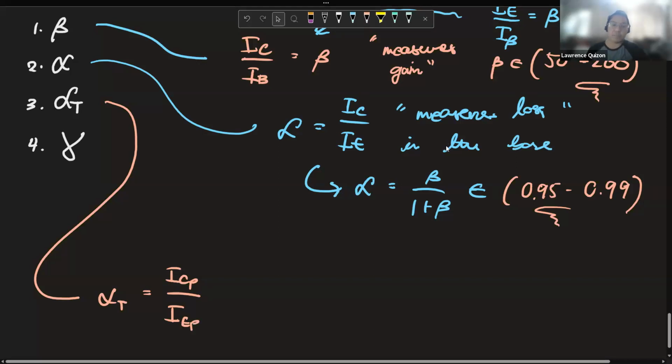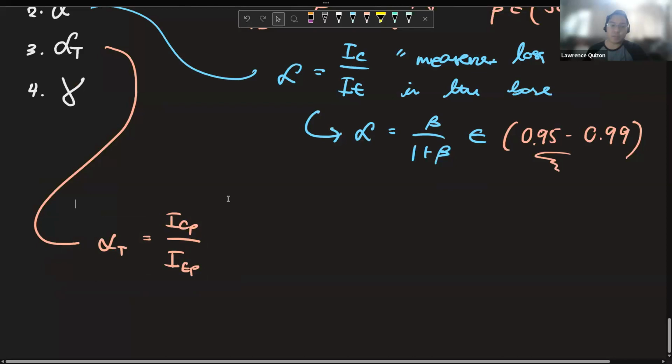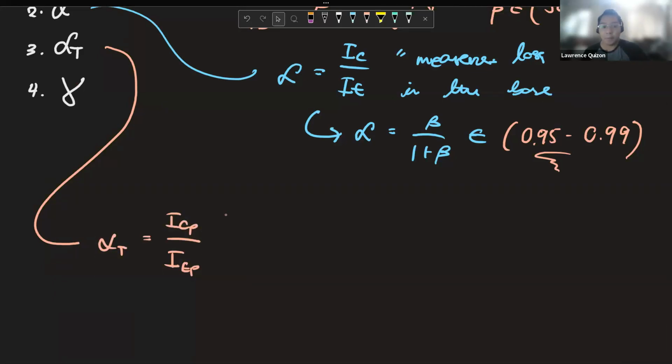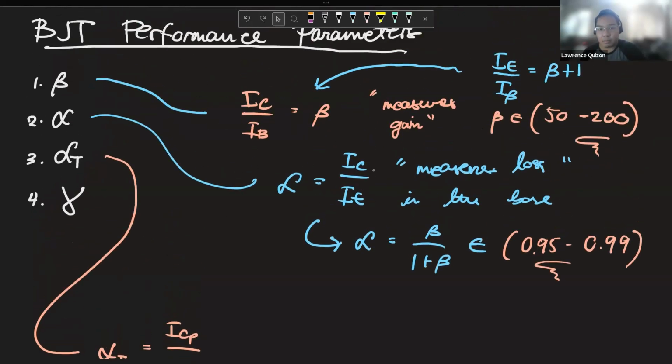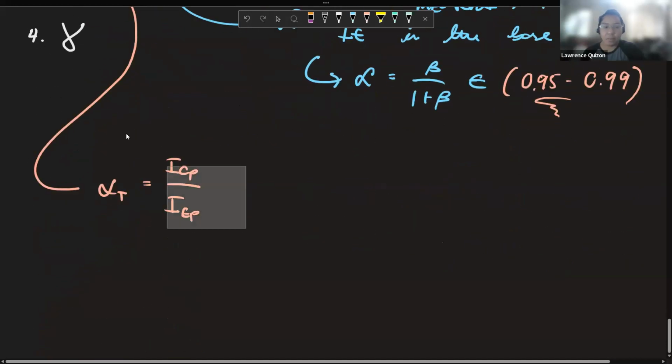And so this one is just concerned with the main carrier. So this one is concerned with both the electrons and the holes. It measures both the electron and hole current of IC and IE, but this one measures only the main carrier.